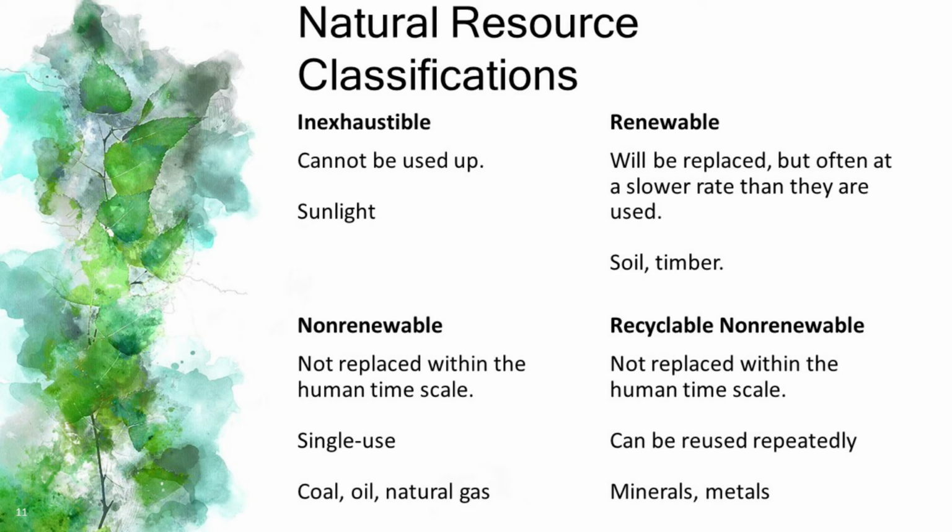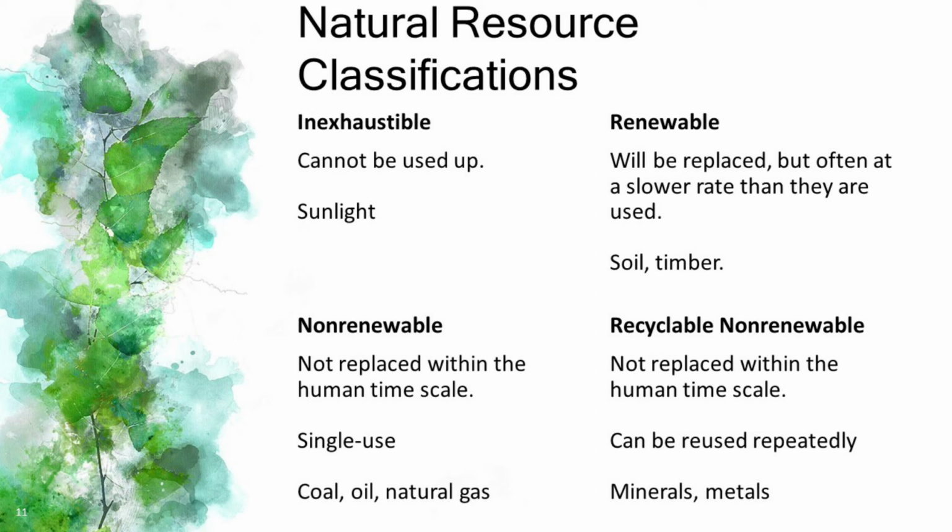So the growth of this is at a slower rate, so we cannot replace it easily. Once we consume these resources, it will take many years before nature can replace it.